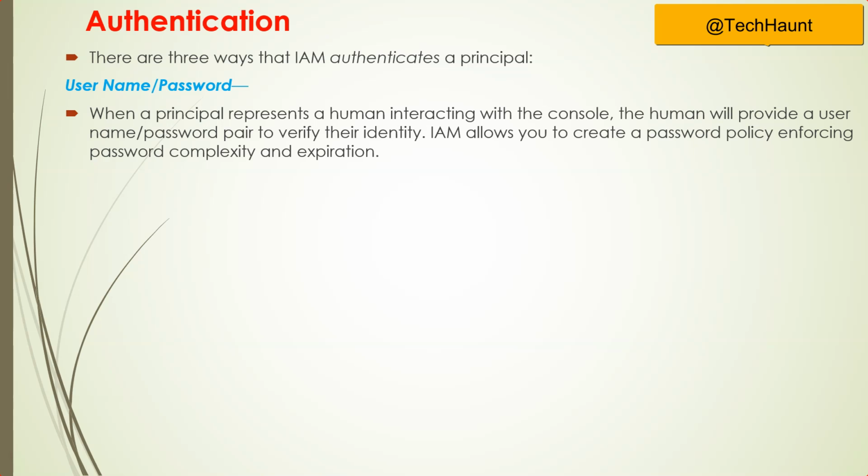When a principal represents a human interacting with the console, the human will provide a username and password, exactly the same way as you do in your day-to-day life when opening your own system or your server, or even your mobile. On a mobile application you may just provide the password, but on a computer you need to provide the password along with your username.